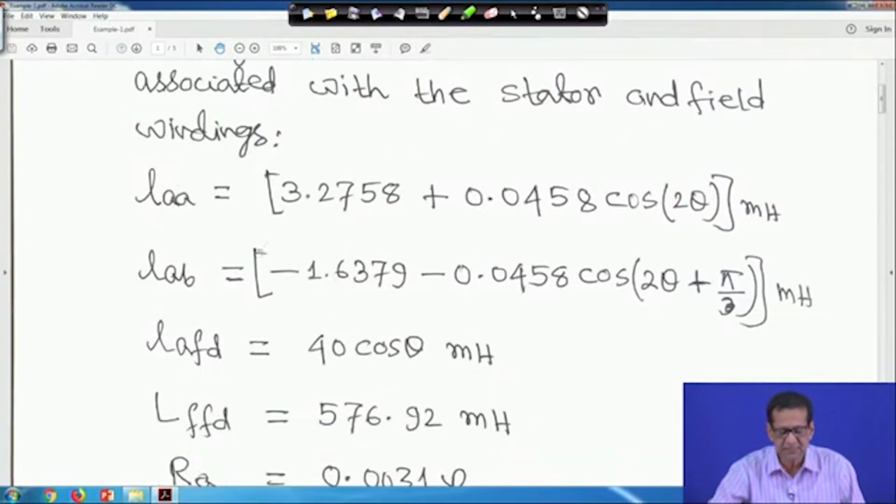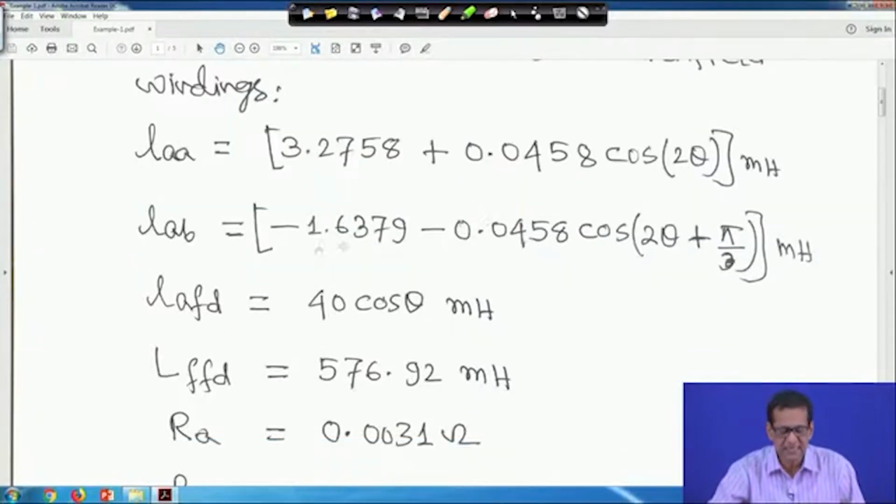It is given small LAA is equal to 3.2758 plus 0.0458 cosine 2 theta, millihenry. Similarly, LAB is minus 1.6379 minus 0.0458 cosine of 2 theta plus pi by 3, millihenry.